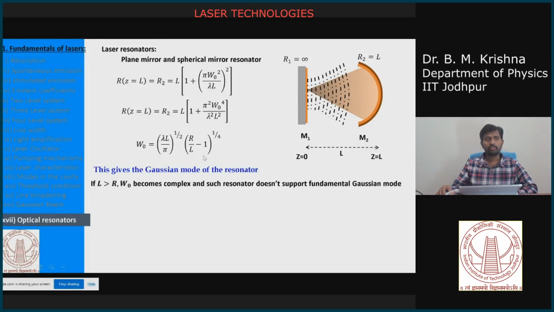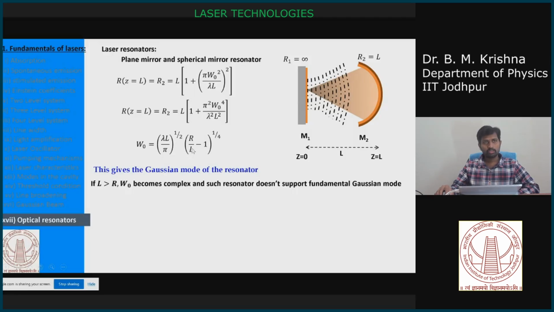For example, if L is greater than R, what does it mean? Your R2 is smaller compared to the length of your resonator. Here R represents R2, the radius of curvature of your spherical mirror, because the radius of curvature of your plane mirror is infinity, so I am treating R as your R2.